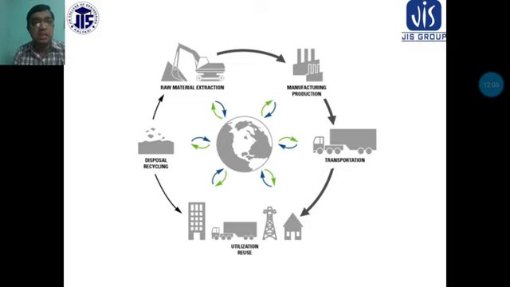You can see that the product life cycle management procedure is given here. The first stage comes from raw material extraction. With the support of raw materials, and good quality raw material used, you produce a good quality product.